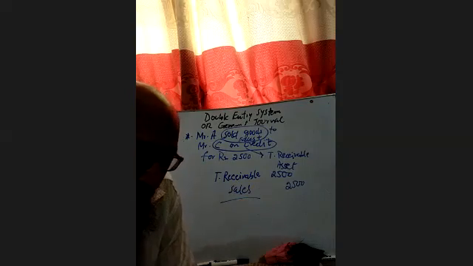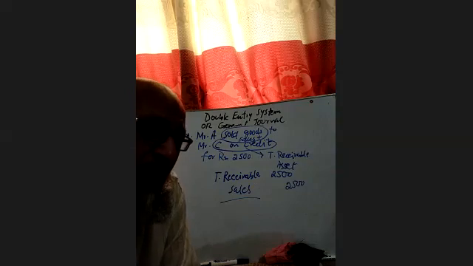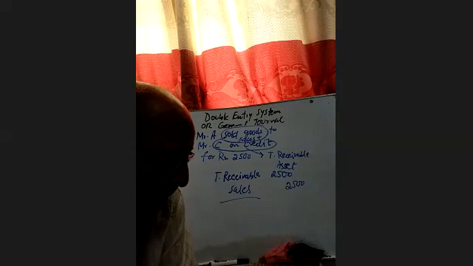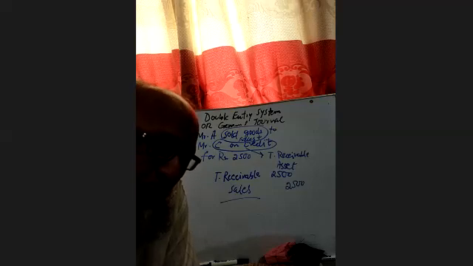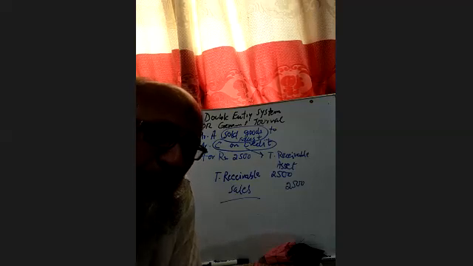Next class is your test, your zero term exam, and you have to be very careful about it. There will be two parts. One is MCQ, and the second is a structured paper.